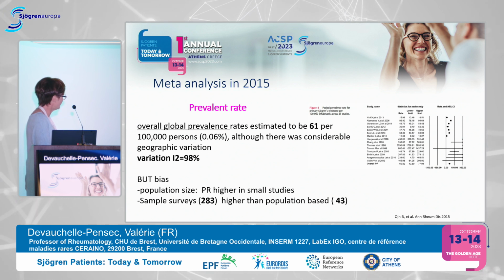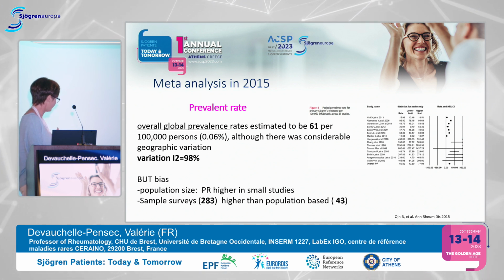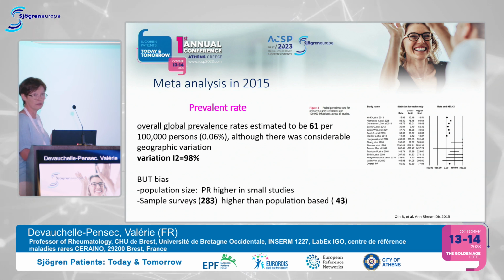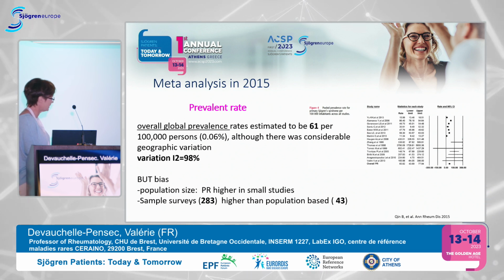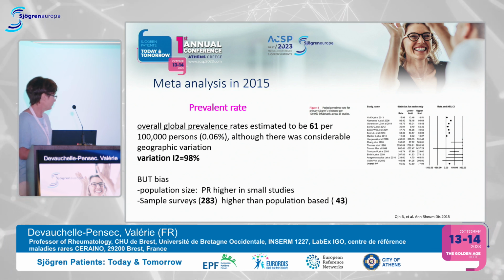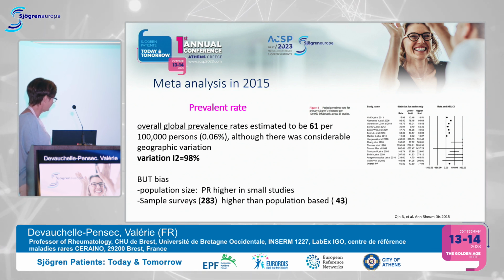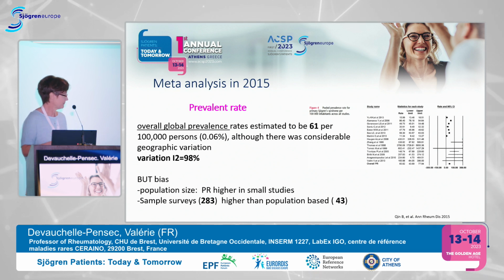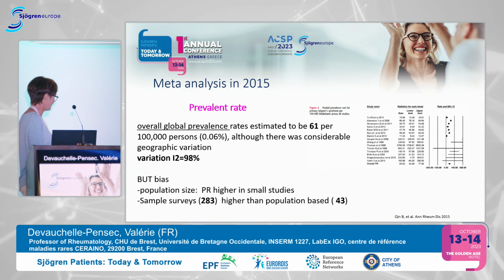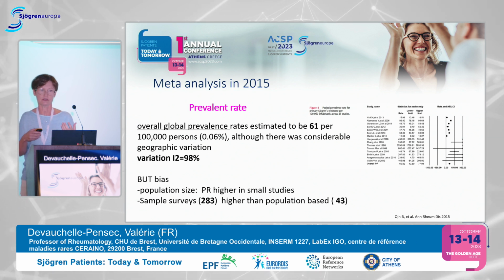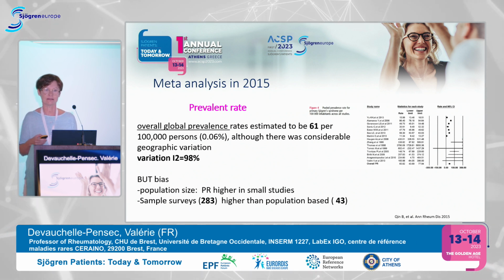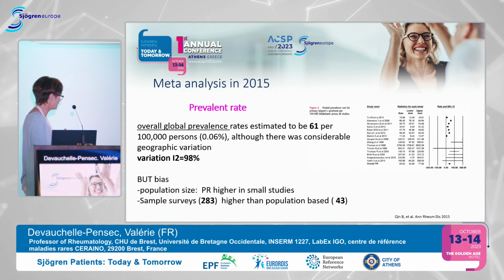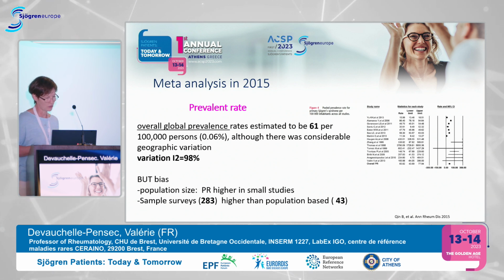So it is the global prevalence they calculated, but when they eliminate some studies with sample survey, you can read it, sample survey, it's questionnaire. You send a questionnaire to the population, and the prevalence was 284. It's enormous. When you eliminate this and only consider the analyses that really confirm it was Sjögren, not only by questionnaire, the number was lower.